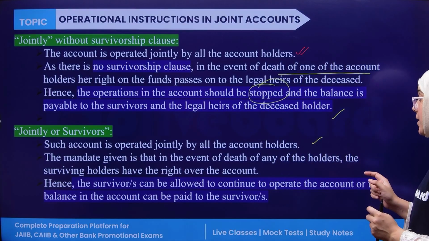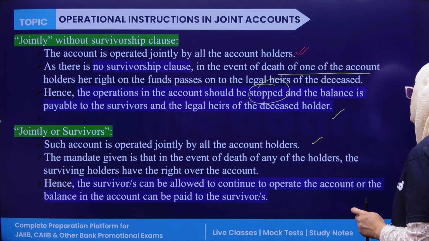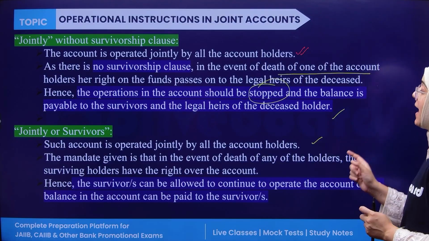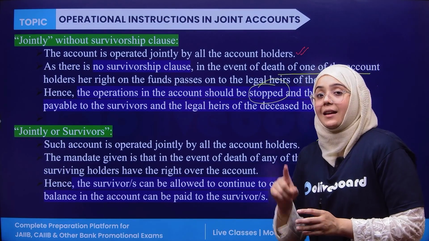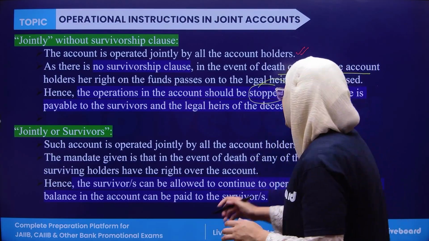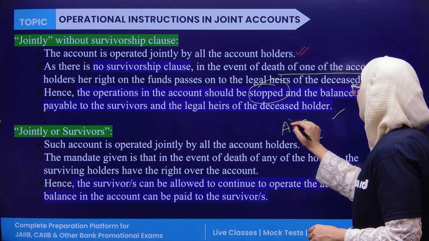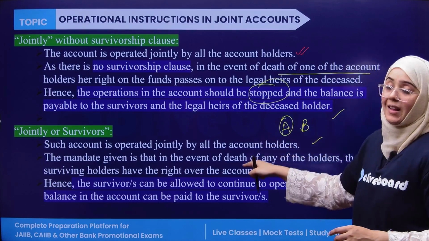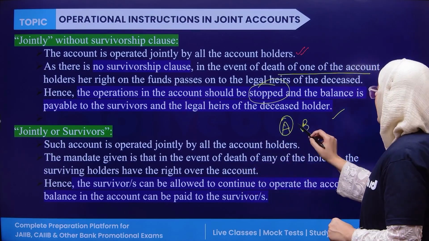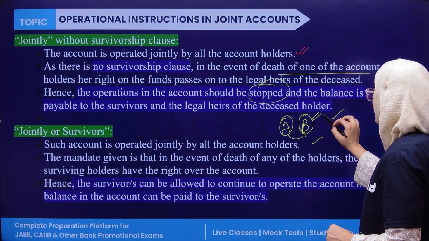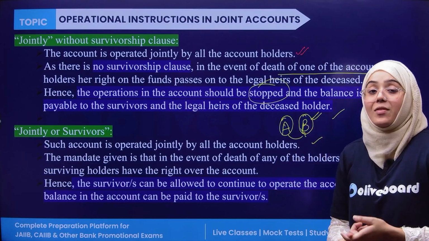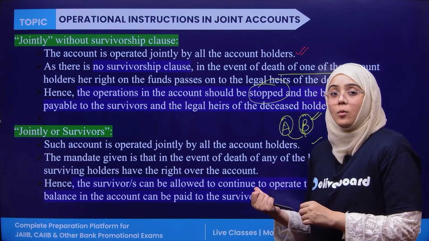Hence, the survivor can be allowed to continue the account and the balance in the account can be paid to the survivor. So, for example, there is A, there is B. If A dies, in this case of jointly or survivor, the whole account is transferred to B. B is the survivor, so B can operate the account and the balance is transferred to B.